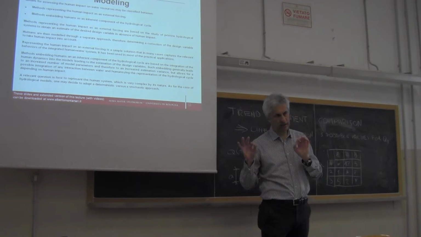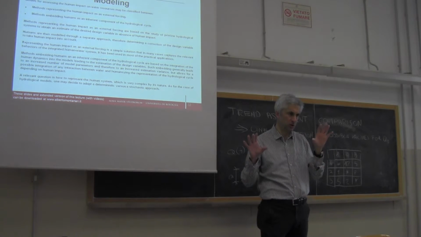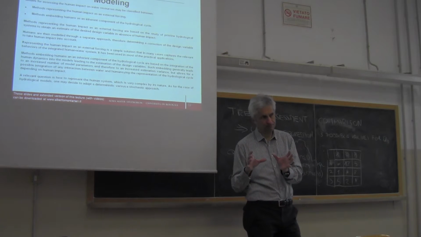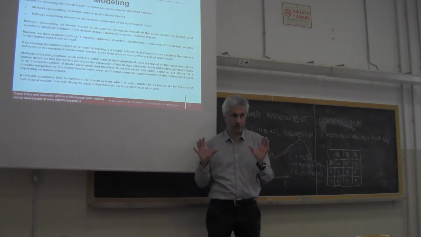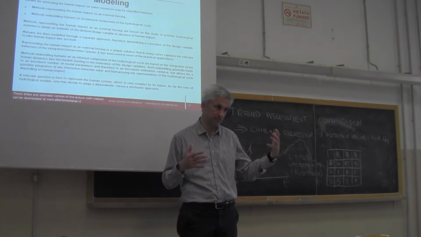What is the second category of models? It is given by the models that consider humans as part of the model, not an exogenous component. What is the difference? The difference is that you can take into account feedbacks.